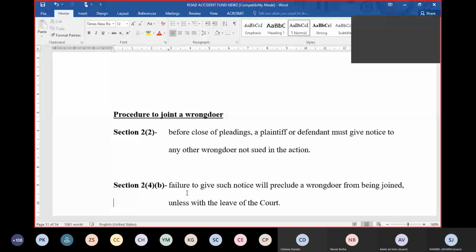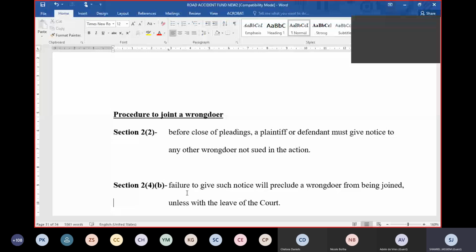Now, having said all of that, what is the actual procedure in the High Court versus the actual procedure in the Magistrates Court? That is what we will look at now. What is the procedure that we must follow to join a wrongdoer to proceedings, firstly in the High Court, and then secondly we'll look at the procedure in the Magistrates Court.